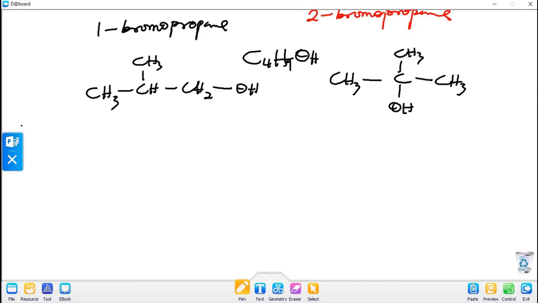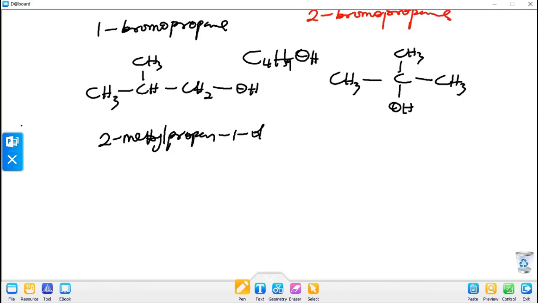That is what they have. So looking at it, this is called 2-methyl propan-1-ol. 2-methyl propanol or 2-methyl propan-1-ol.